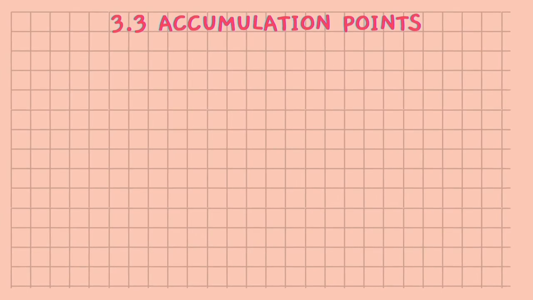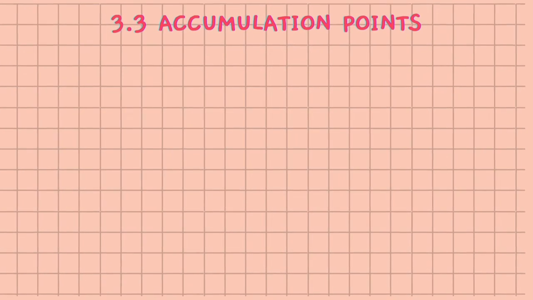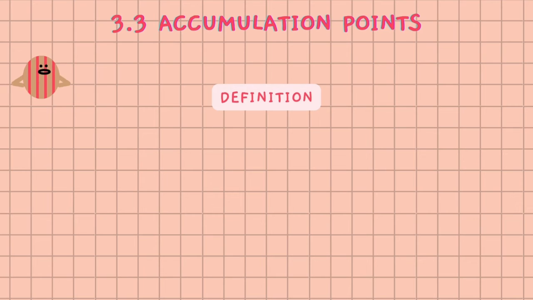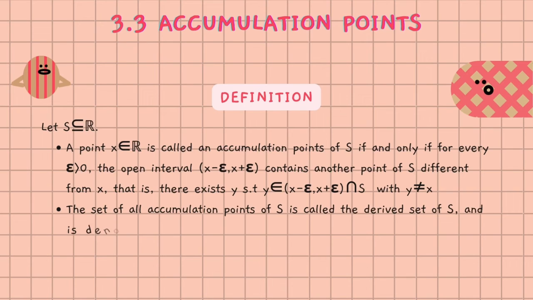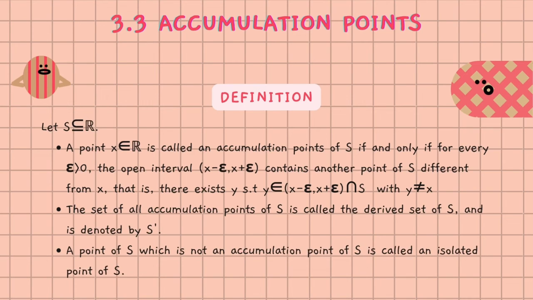The last subtopic in this chapter is about accumulation points. By definition, let S be a subset of the real numbers R. A point x in R is called an accumulation point of S if and only if for every epsilon greater than 0, the open interval (x minus epsilon, x plus epsilon) contains another point of S different from x.